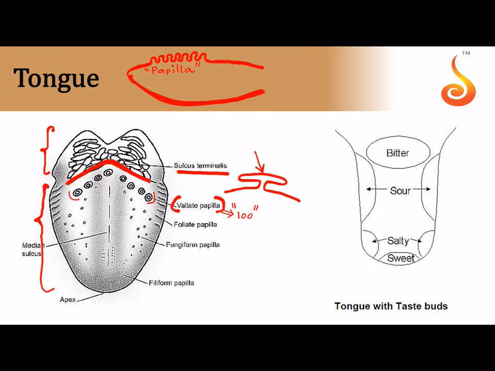Okay, in front of the circumvallate papillae, very poorly developed on the sides of your tongue, you have these papillae which are referred to as the foliate papillae, but the foliate papillae are known to die down, they are known to degenerate in the later stages, so they are not identified in the tongue.